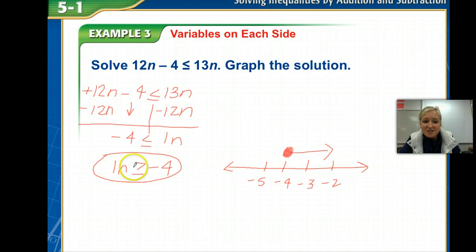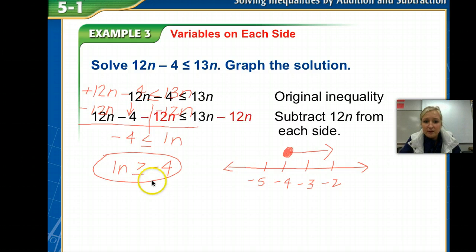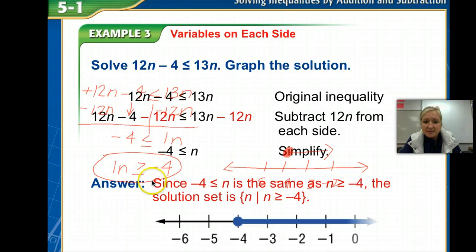So n is greater than or equal to negative 4 would make this inequality true. All right. And you can see the same graph there. I apologize, I had forgotten I had written out the steps for you. So as you can see, since negative 4 less than or equal to n is the same as n is greater than or equal to negative 4, I've shown the solution set greater than negative 4.